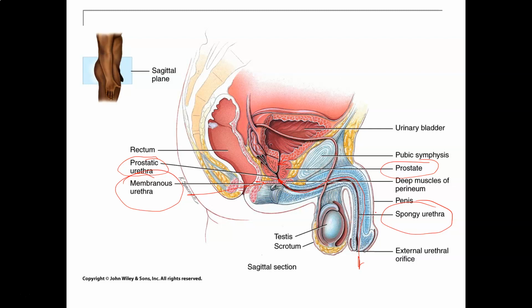And also, unlike in females, part of it is, well, really most of it is also used to carry sperm, but not at the same time. So there's sphincters that regulate all of that. So we'll talk more about that when we get to the reproductive system.